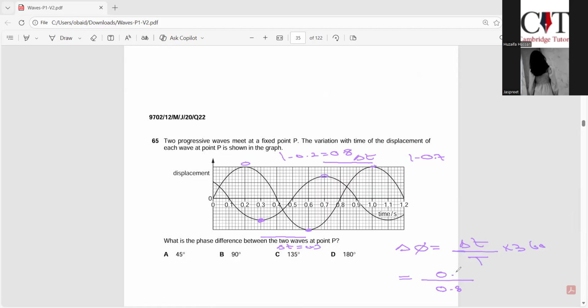So it is 0.3 multiplied by 360. Now tell me the answer. 135. 135, C would be your answer. Is it clear? Yes, sir.